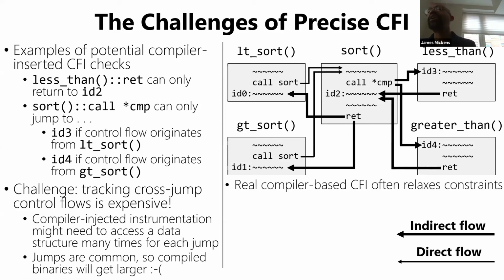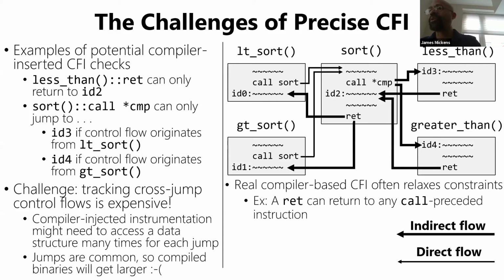As it turns out, real compiler-based CFI oftentimes relaxes constraints. In other words, it oftentimes allows control flows which, strictly speaking, are not allowed by the exact control flow graph. For example, many compiler-based CFI schemes allow a ret to return to any call preceded instruction.